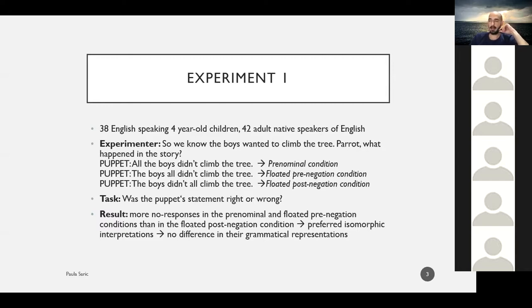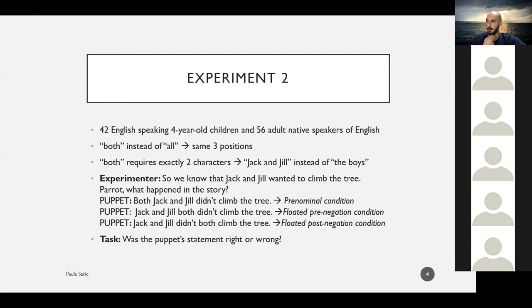Yes. And in the other experiment, if you can show the sentences. Yeah, sorry. In this experiment, in the first two conditions, they gave a super high rate of no responses. So again, they interpreted both as taking scope over negation, right?